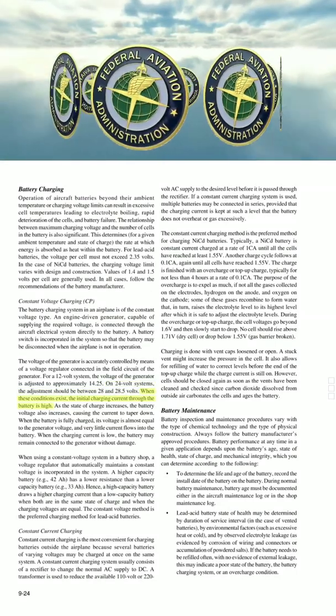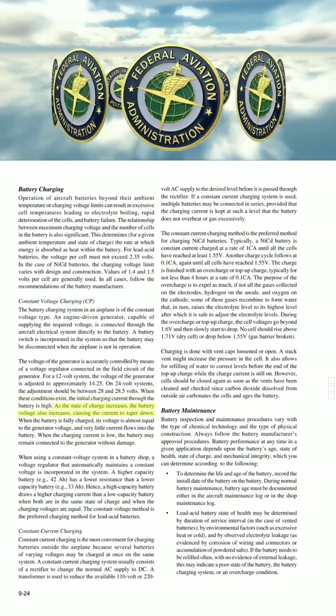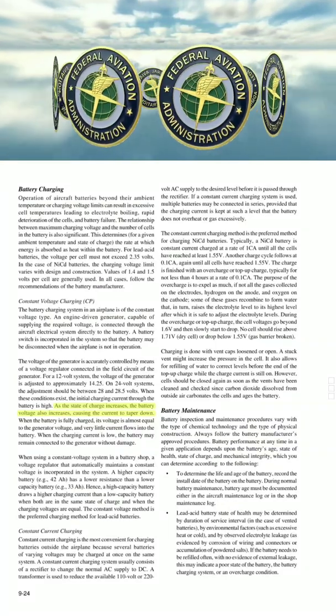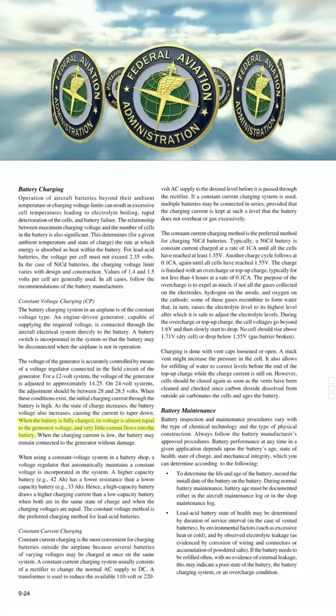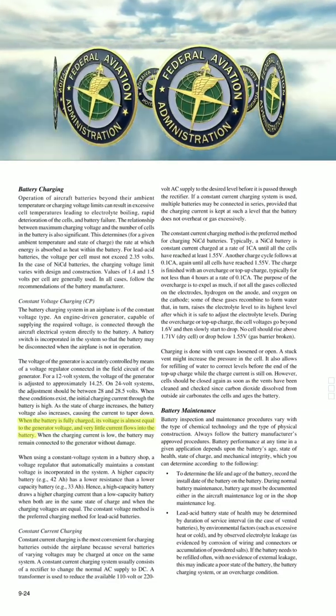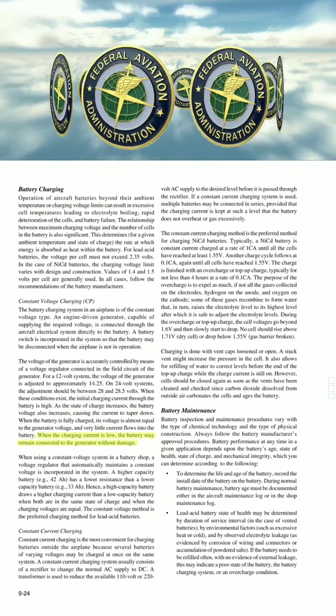When these conditions exist, the initial charging current through the battery is high. As the state of charge increases, the battery voltage also increases, causing the current to taper down. When the battery is fully charged, its voltage is almost equal to the generator voltage, and very little current flows into the battery. When the charging current is low, the battery may remain connected to the generator without damage.